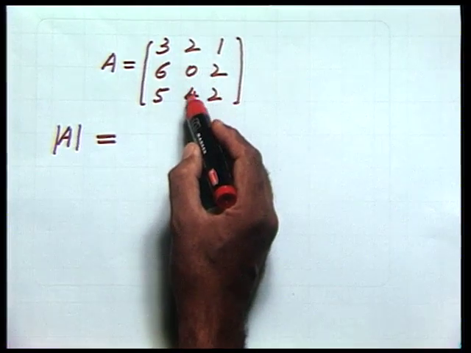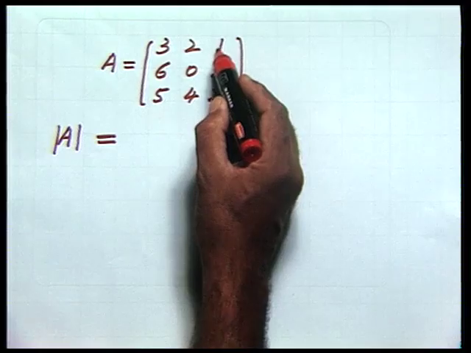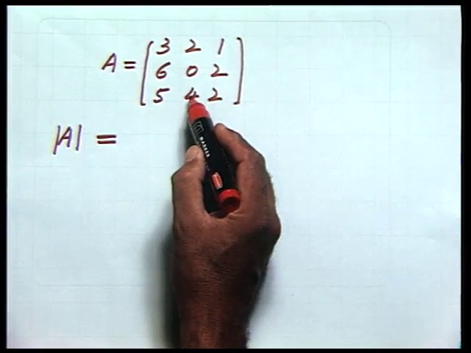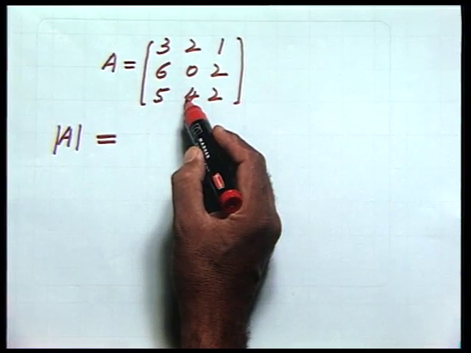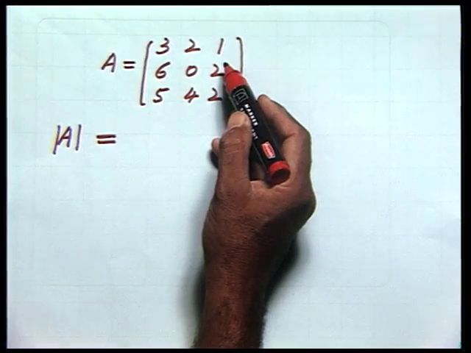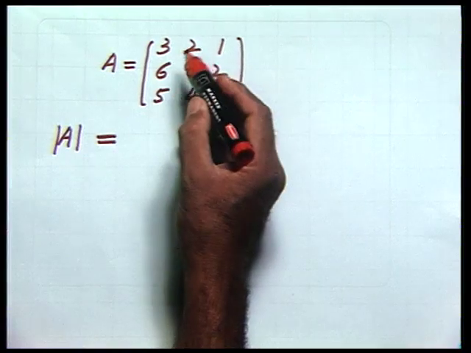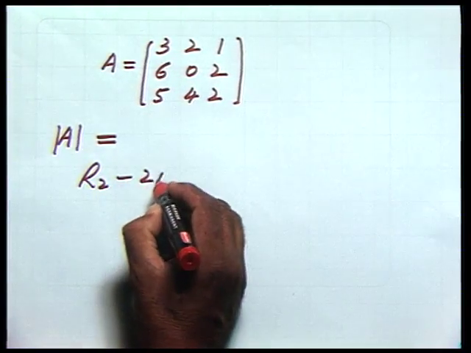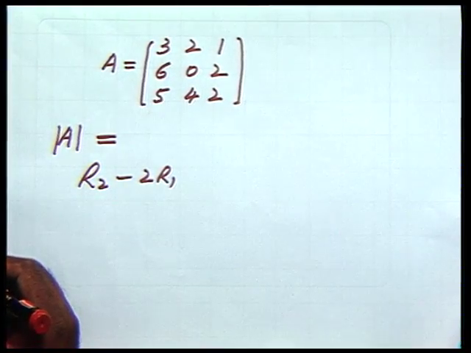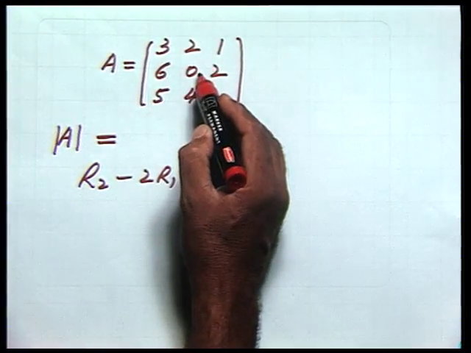Similarly, in this column and this column, if double of this I subtract from this, this becomes 0, this does not become 0, this becomes 0. So, I choose either of the 2. So, what I do is that I subtract from row 2 double of row 1. From this row double of this I subtract.